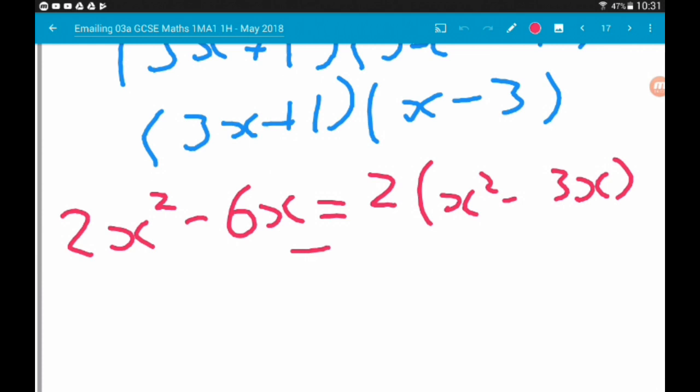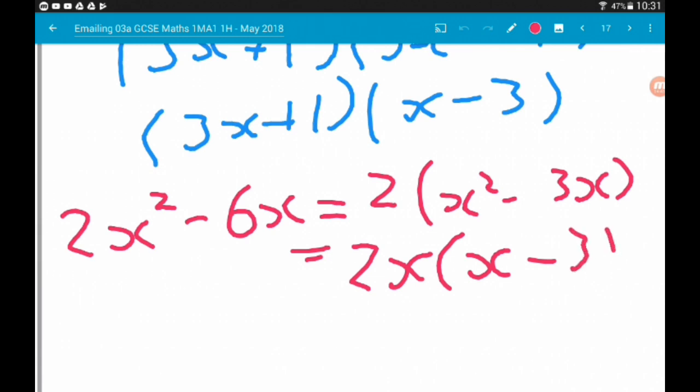And then there's still a common factor inside the bracket of x. So we're going to bring that factor out the front as well. So at the front we've got 2x. And then divide x squared minus 3x by x, and we get x minus 3.